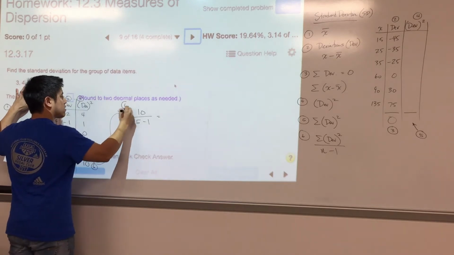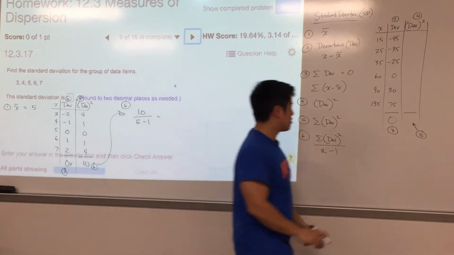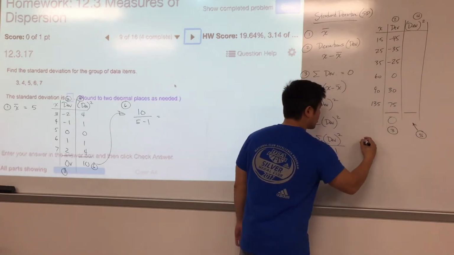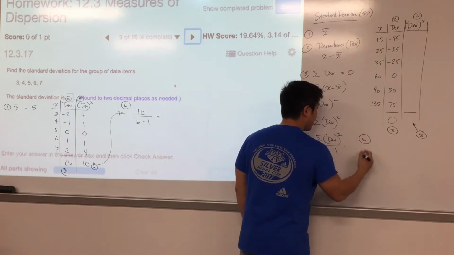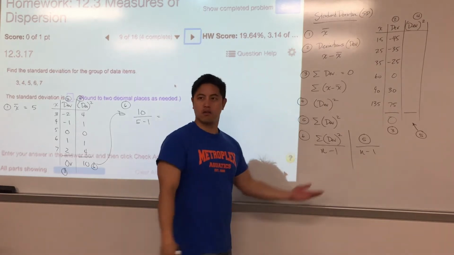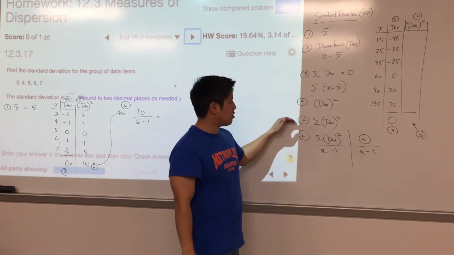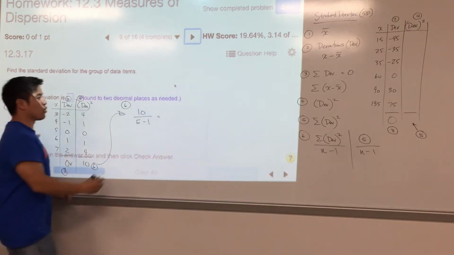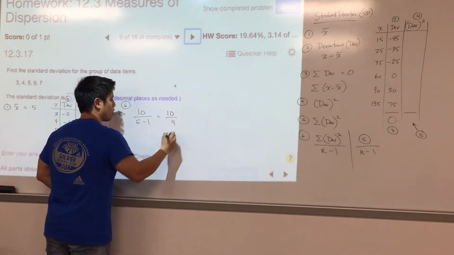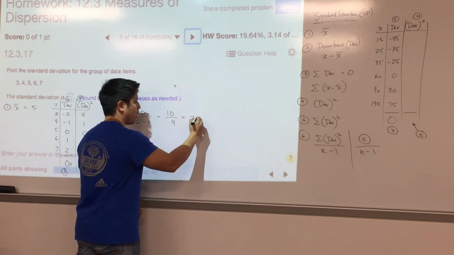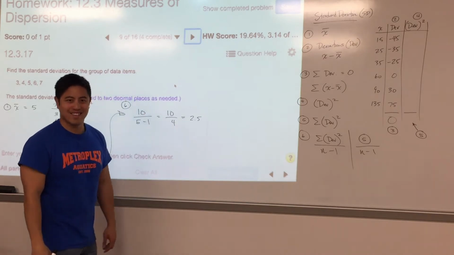So in step 6, you just take your answer from 5 and divide it by n minus 1. That's another way you can look at it, right? So that is really what? 10 over 4. Agreed? Somebody tell me what 10 over 4 is. 2.5. And we're almost done.